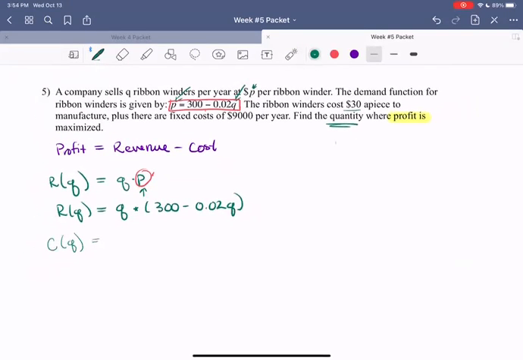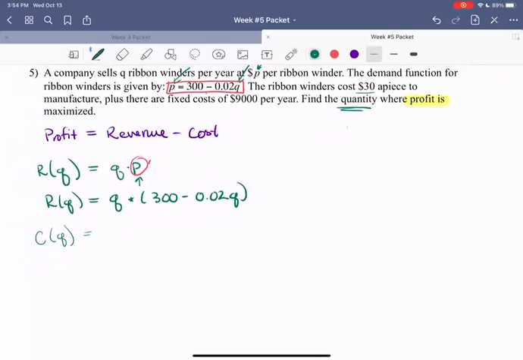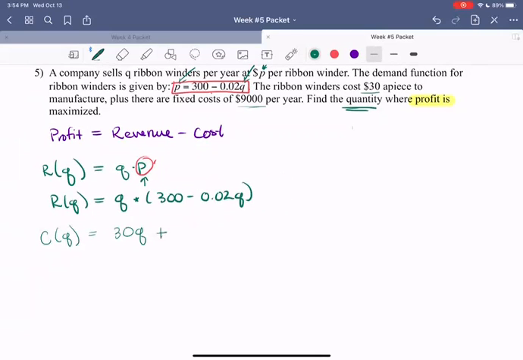So if we make Q winders, how much money will that cost? Well, we'll pay $30 per winder, so 30Q. But then we also have a fixed cost, 9,000. So we're going to add 9,000 no matter how many we make. Then our cost function, C of Q, is 30Q plus 9,000. So lovely. Now we have our revenue and our costs.